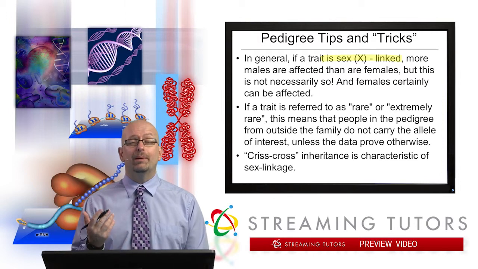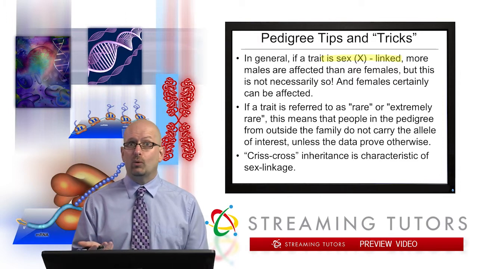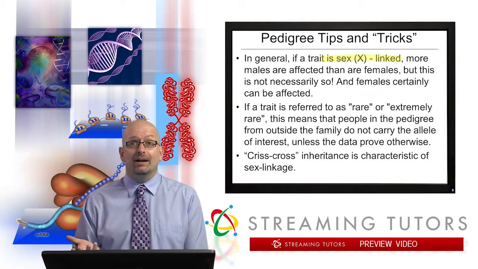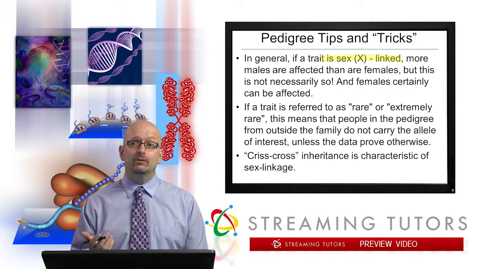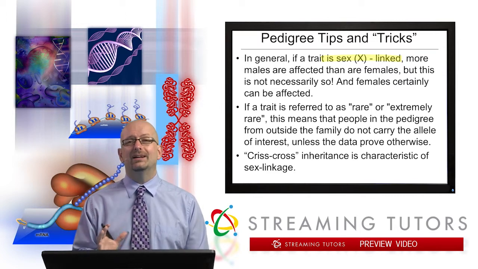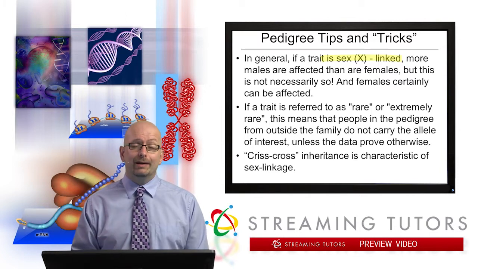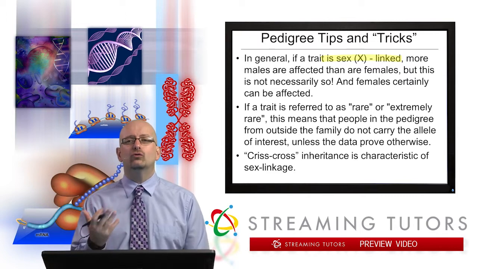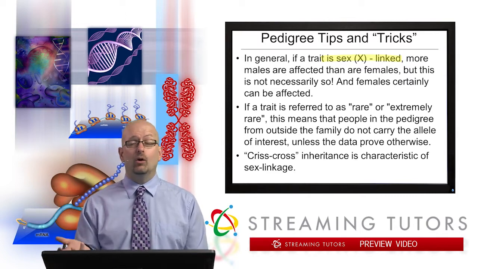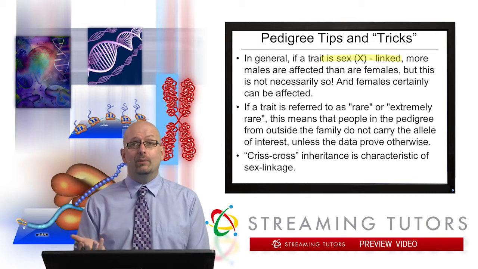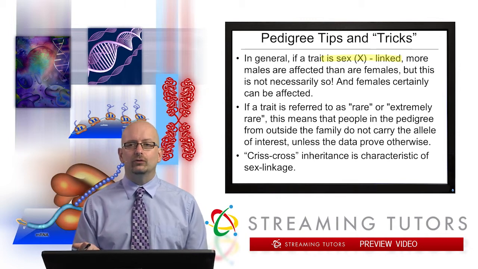In other words, pedigrees can be designed, if someone wants to trick you, where it is in fact sex-linked, but more males are not in fact affected than females. But if you see that, it's a good starting point. And don't get me wrong, females certainly can be affected, so you can't rule that out. That's just a tip. If you see all males affected and no females, you might want to think about sex linkage.